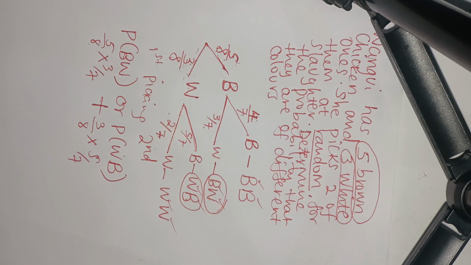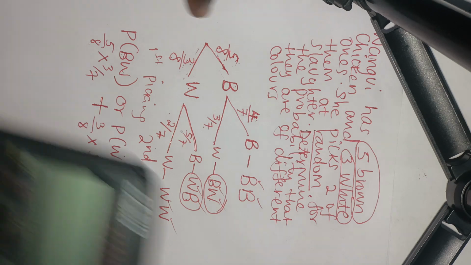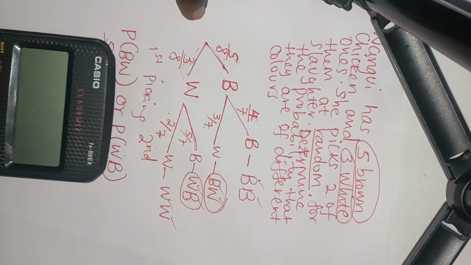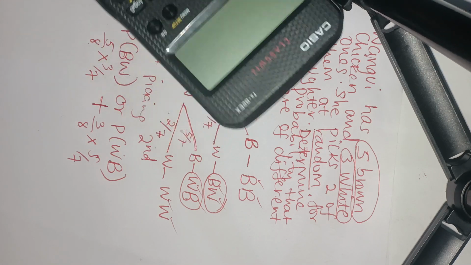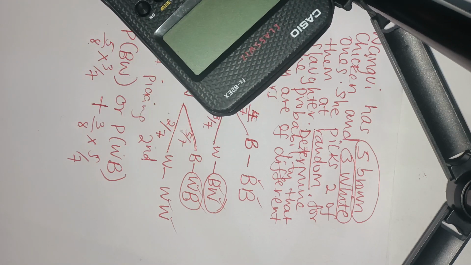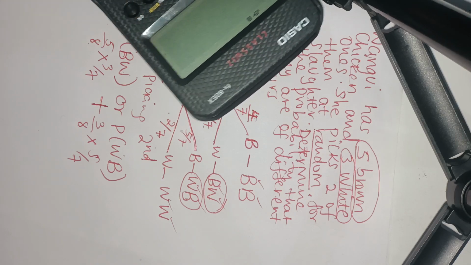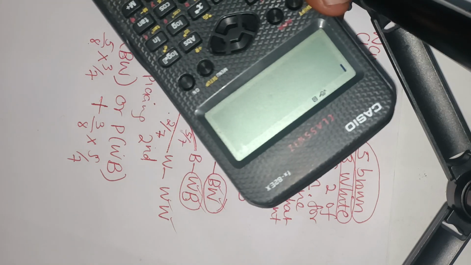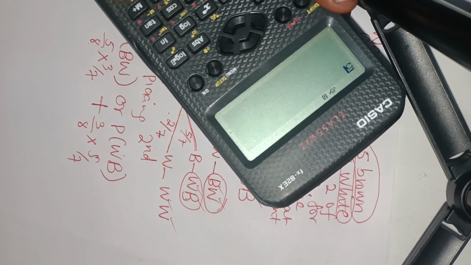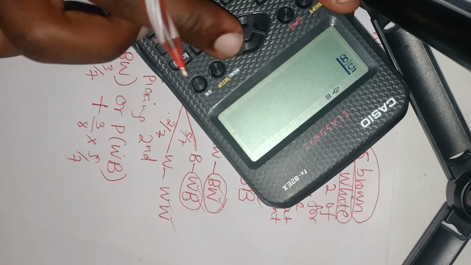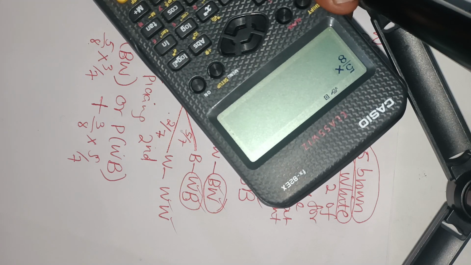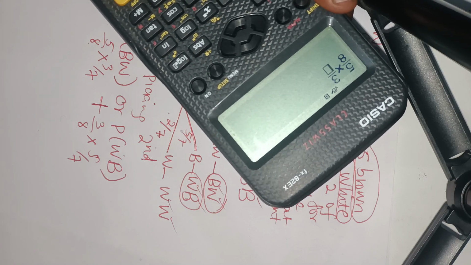Let's pick our calculator and get the answer to this question. So let's see. So we're going to have 5/8. So let me put on my calculator. So we have 5/8 multiplied by 3/7.